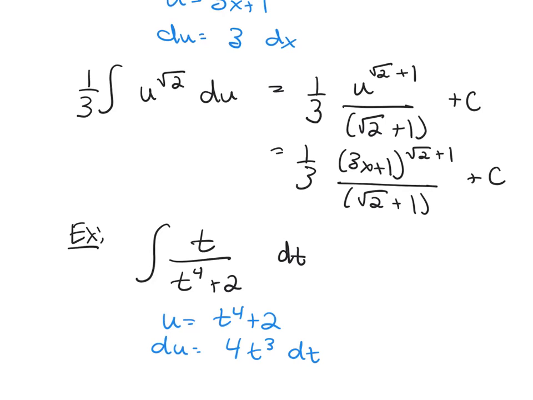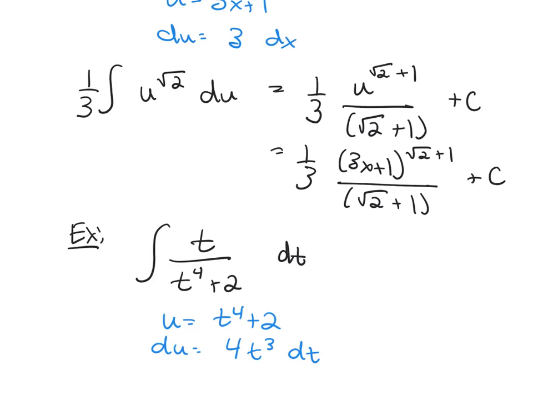Can you factor the denominator? No, you can't. If you can't factor the denominator, then you can't use partial fractions. Oh no, that was my only idea, right? So we've got to think a little bit differently on this problem.